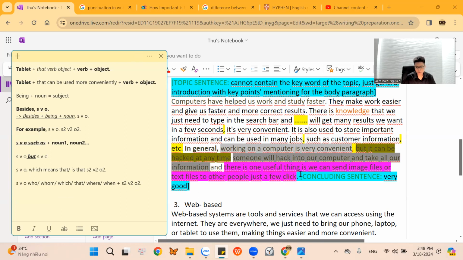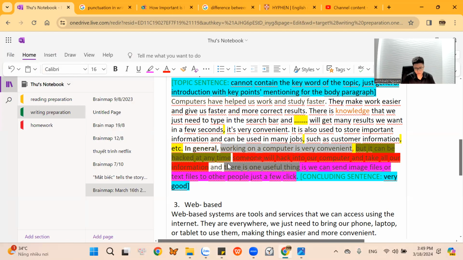Here, there is one useful thing, which is... but after "to be", you cannot use a full sentence. After "to be", if you used "to be" already and you want to use a sentence after it, you need to use "that". After that, you can use a sentence. Here, there is one useful thing. Here is a full sentence already.